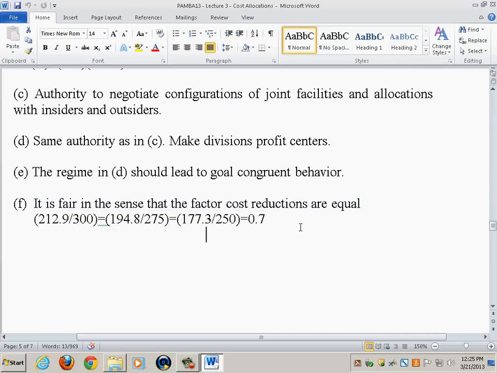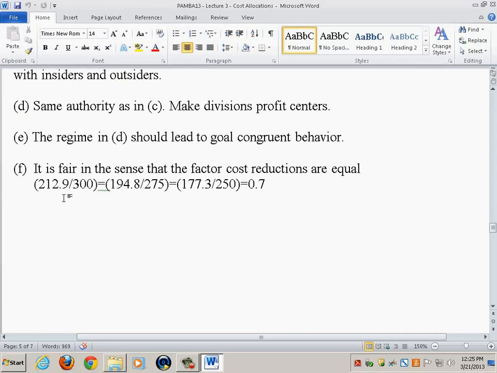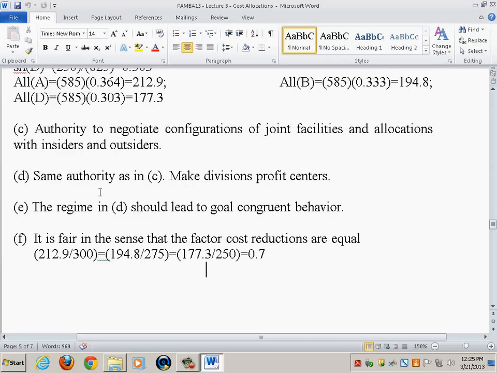In F, you're asked, to what extent is it a fair allocation? And the way you can defend it is by taking the allocation to A, for example, which is 212.9. So that's the allocation we achieved for A. Now you have to ask, how much would A incur if it had its own facility, standalone? 300.